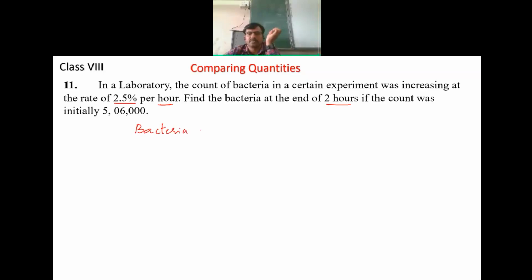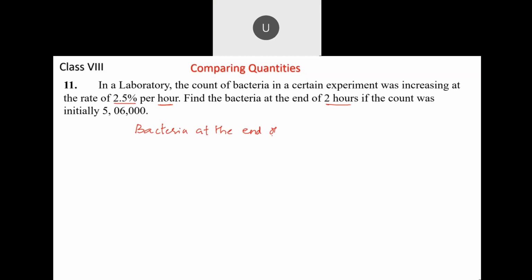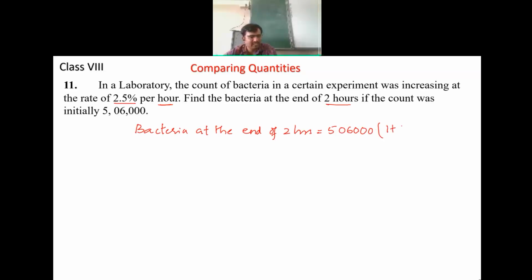Bacteria at the end of 2 hours will be equal to initially how many were there? 5 lakh 6,000. So 5 lakh 6,000 to be multiplied by 1 plus the rate, which is 2.5 divided by 100, to the power 2.